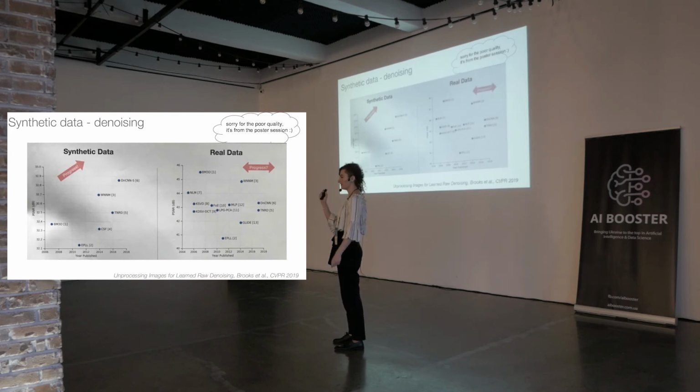You'll beat state-of-the-art in PSNR and other metrics, but who needs that? Because when you switch back to real data, the best performing algorithm is from 2008. It's been more than 10 years, and nothing has beaten it in real data denoising. So do we really need this synthetic paired data setting?